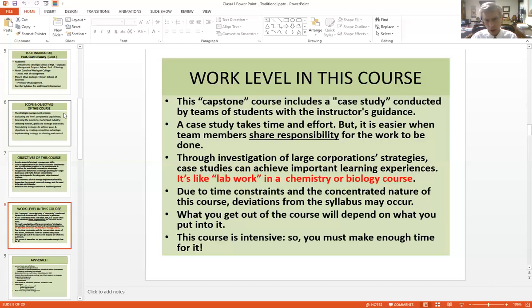We study the principles of how companies fit together and form strategy, and then we do the case to understand how it really happened in real life and perhaps how it could have been done better. And that'll be your project. That's what your project is all about.